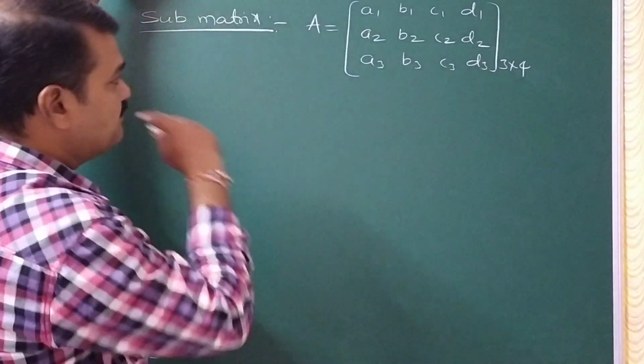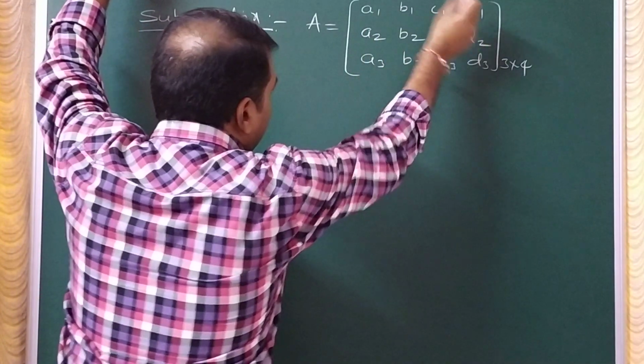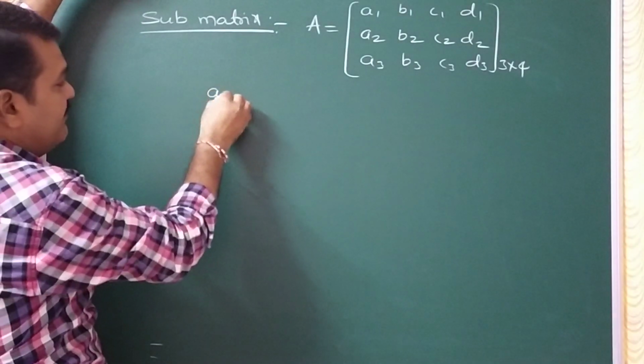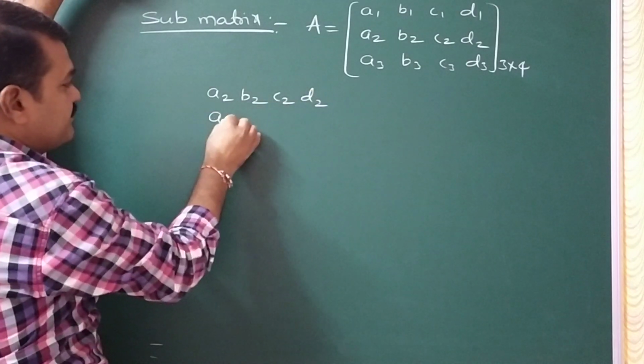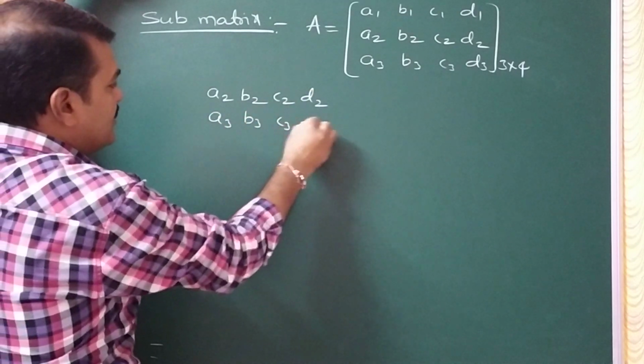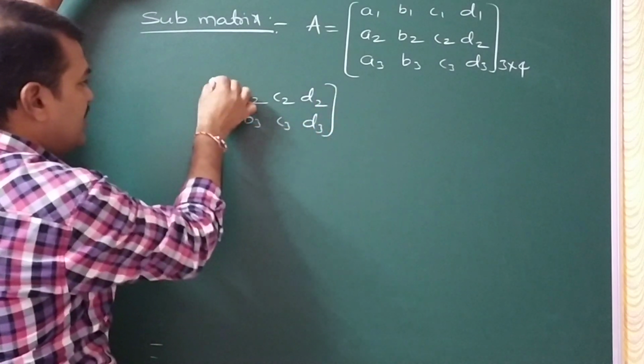For example, if I remove the first row, this will be left. What is the order of this matrix?